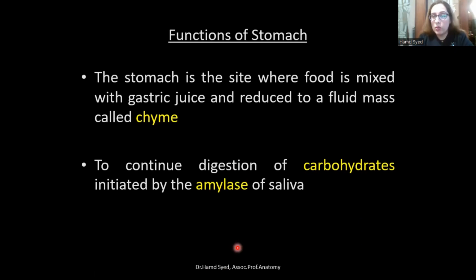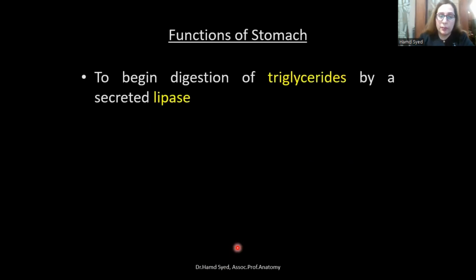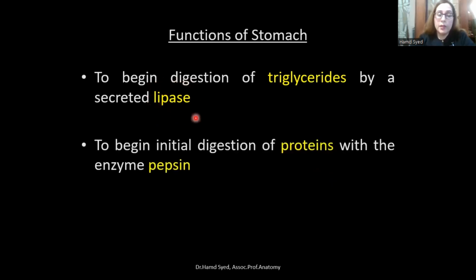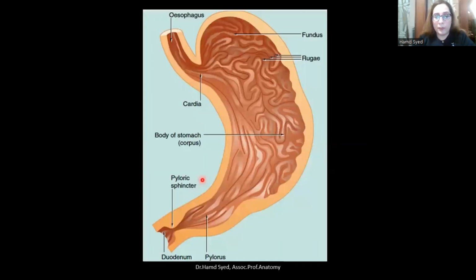So this process of digestion of carbohydrates continues within the stomach. Also in the stomach begins the digestion of the fats or triglycerides by the enzyme lipase. And the initial digestion of proteins by the enzyme pepsin will also begin in the stomach.